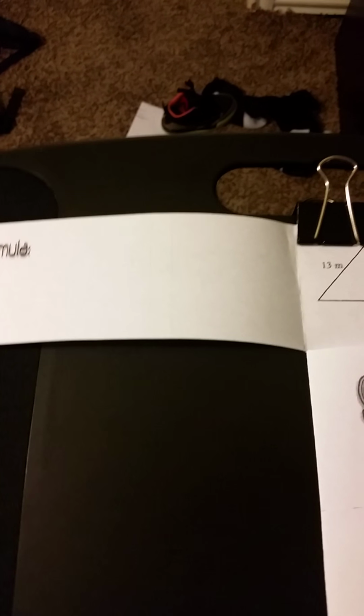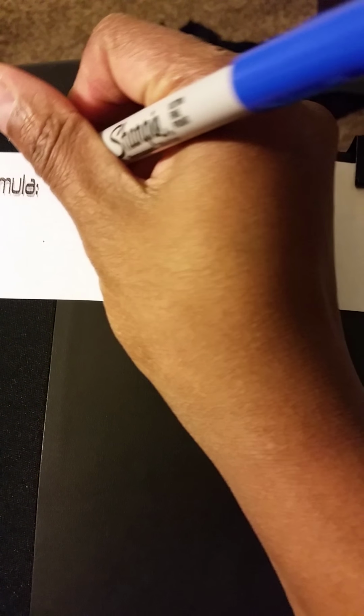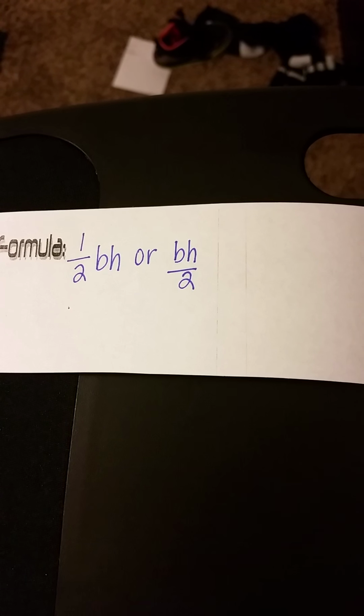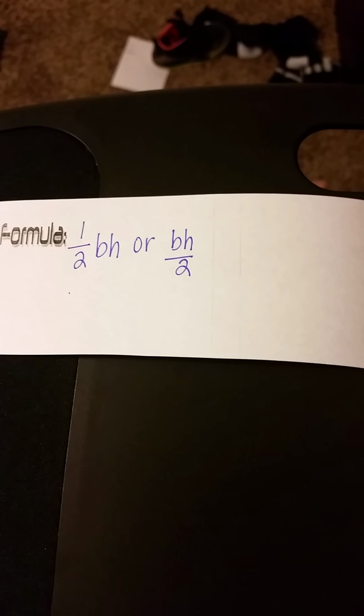All right, so on the inside here we have the formula for the triangle. It's going to be 1/2 base times height, or you can write it as base times height divided by 2. Okay, now we have our formula.